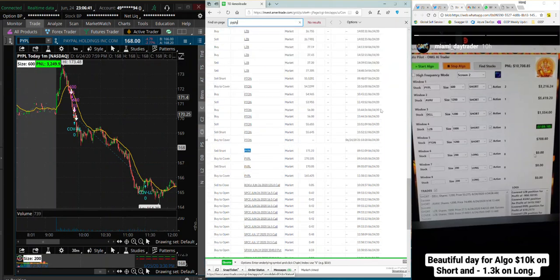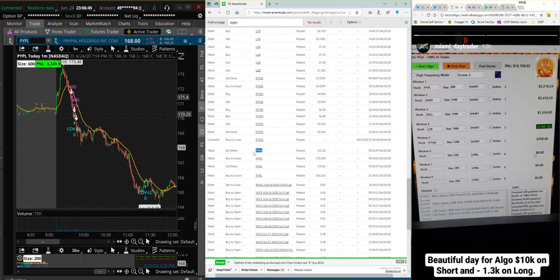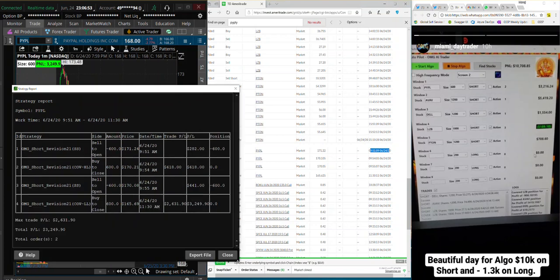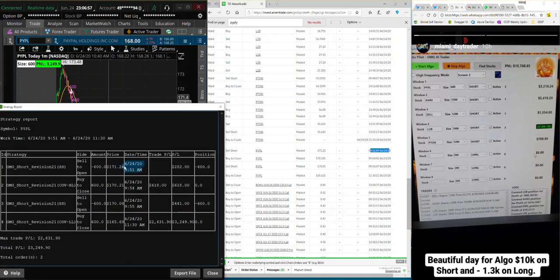And let's search for PayPal trades. Here you will see it had a sell short at 9:51. Let's pull up the report. If you see here, there is a short at 9:51.